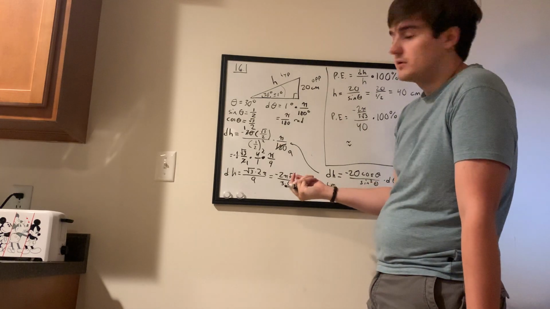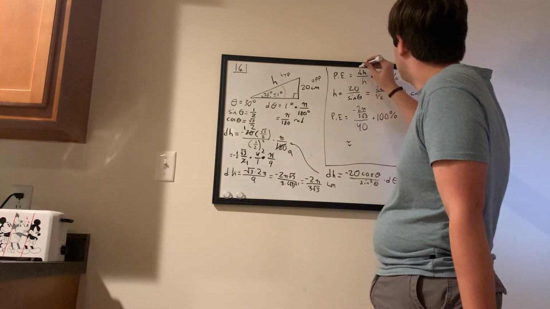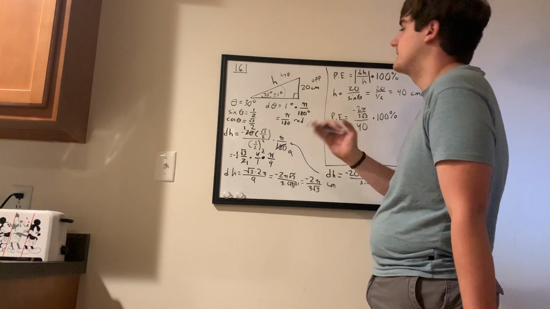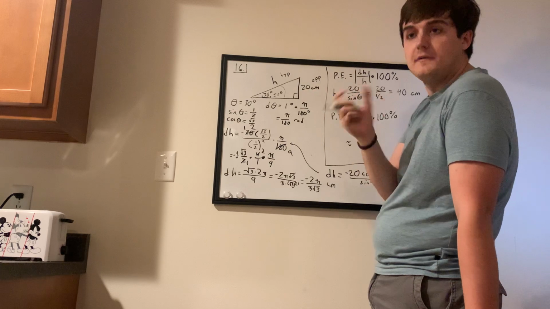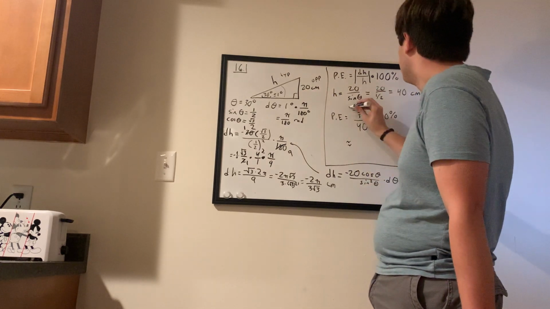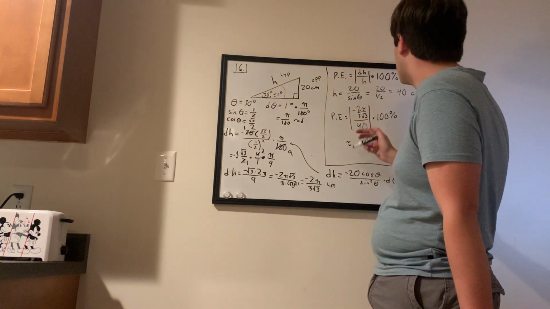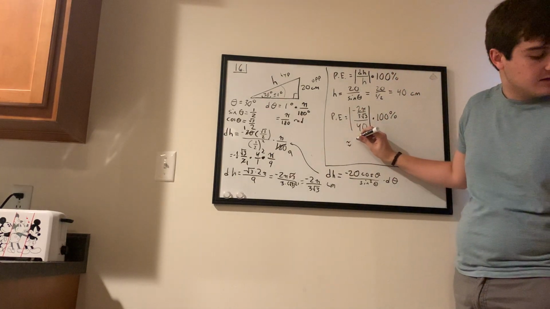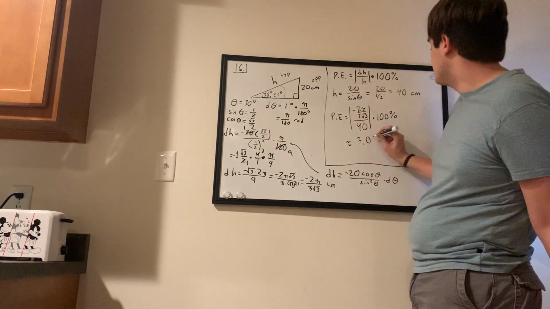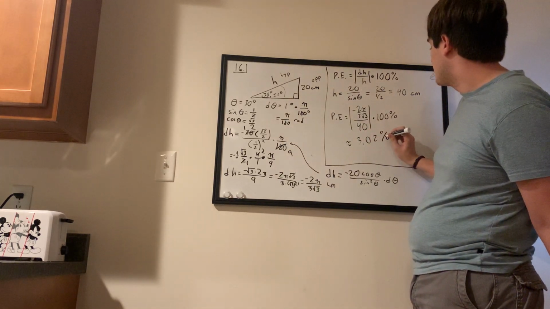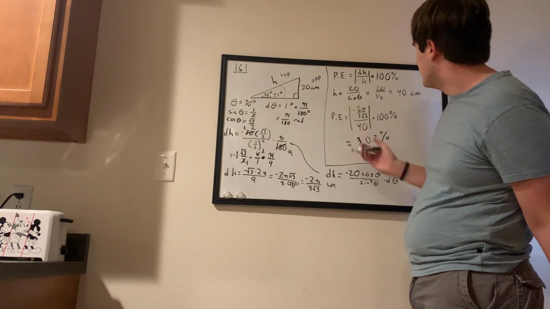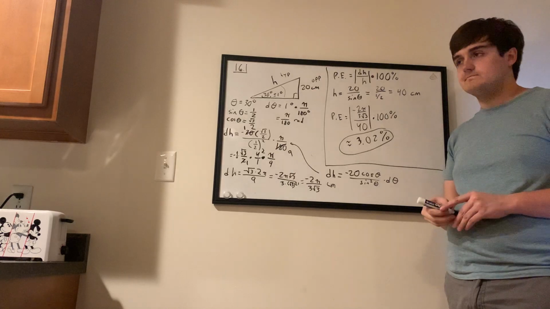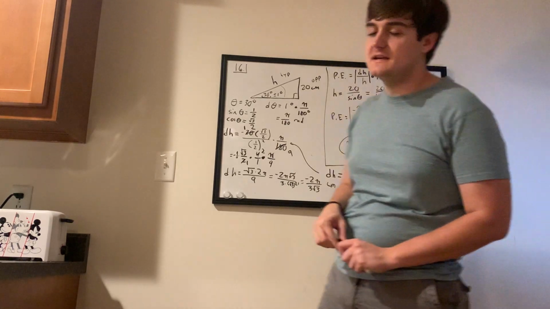The negative here is important, but I'm going to take the absolute value of this, because I don't really care which direction that's going. I just want to see how off I am, essentially. So that sign doesn't matter much to me. So when the minus goes away, I'm going to end up with approximately 3.02%. And so that is the percentage error. So that is how to do that problem.